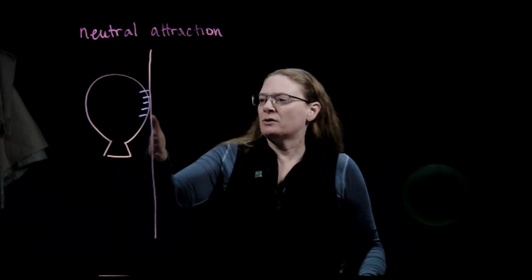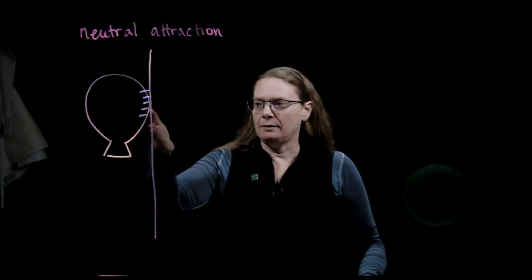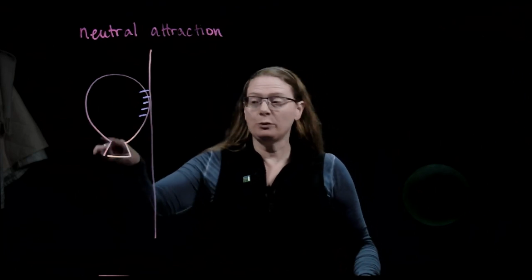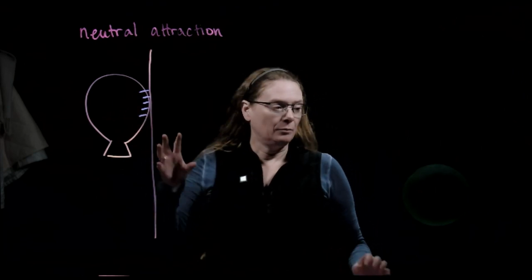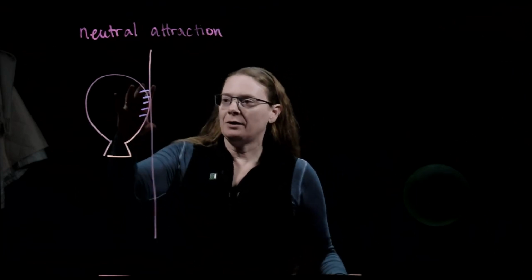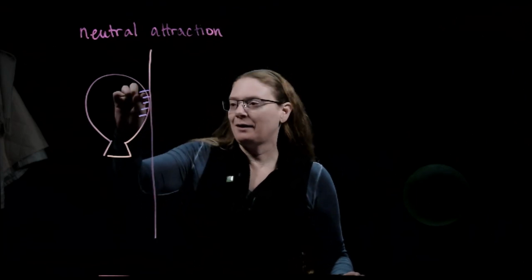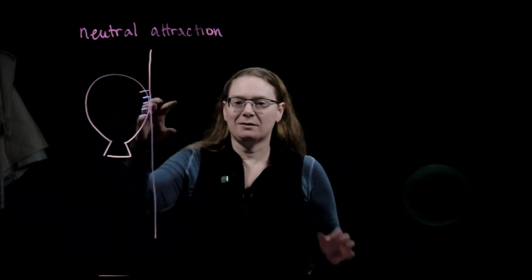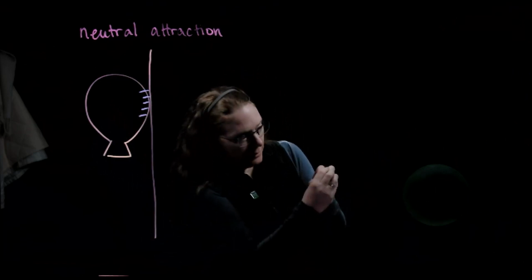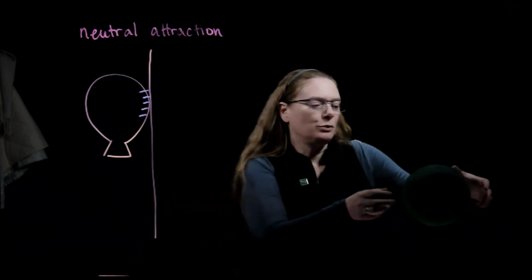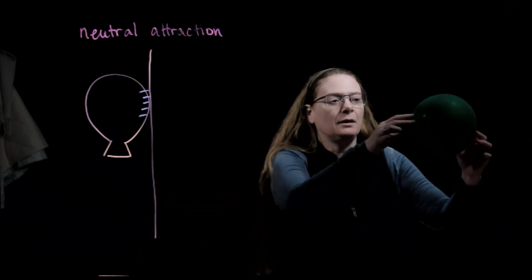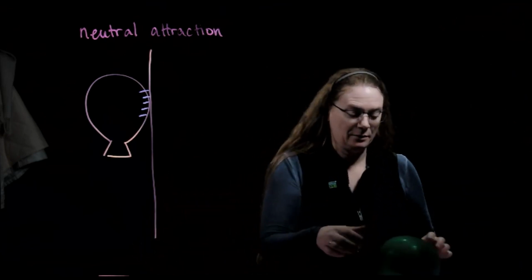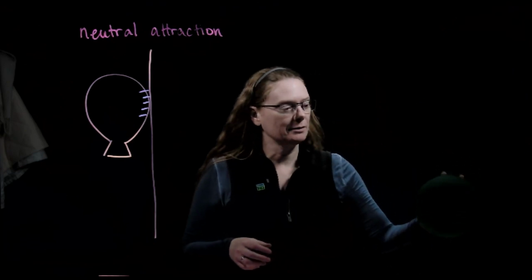I have extra negative charge on this part of the balloon. Because the balloon's an insulator, charges don't move easily. Even though these negatives are repelling each other and trying to get away, they can't move easily on an insulator, so they're just stuck there.